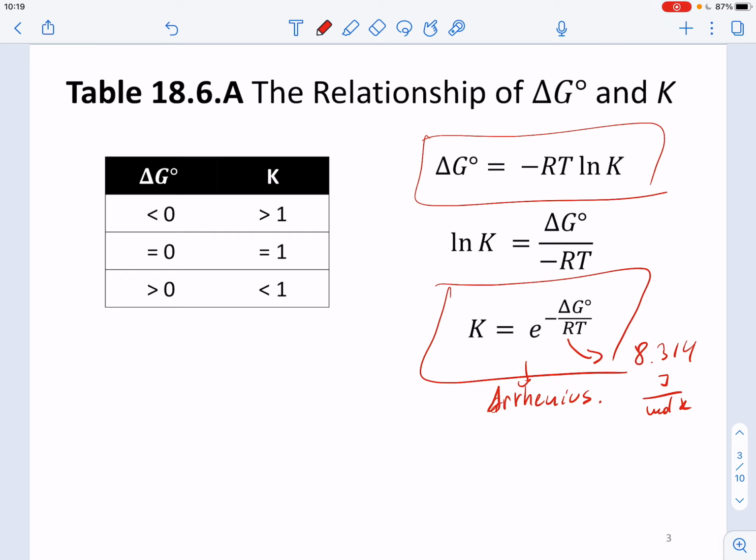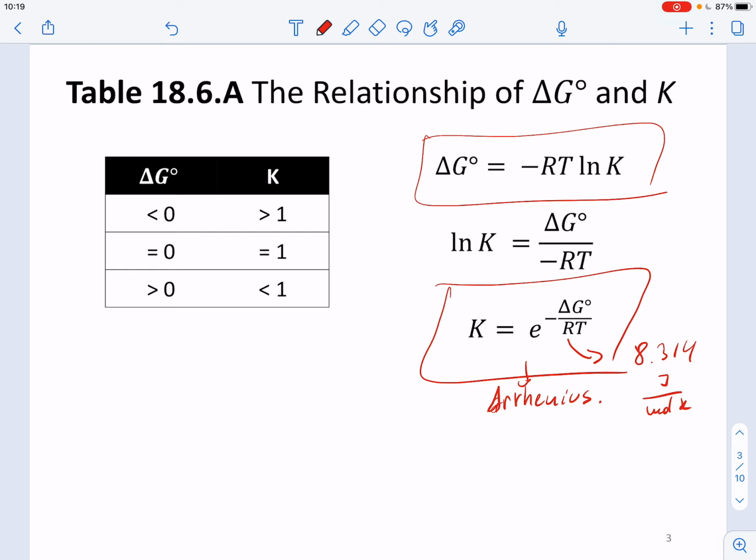Okay, so what do we have here? So now we want to determine the relationship between delta G and K in terms of, if K increases, what happens to delta G? If delta G increases, what happens to K? And what does that have to do with spontaneity, right?